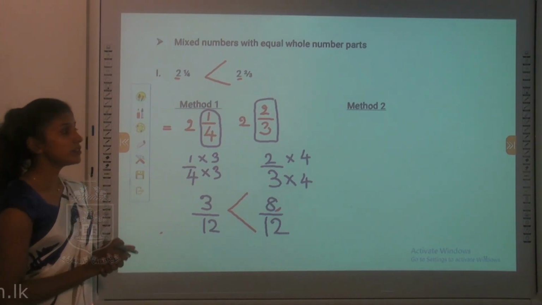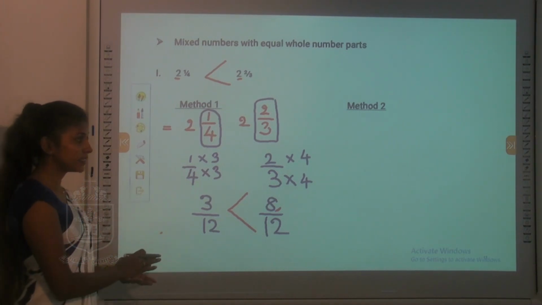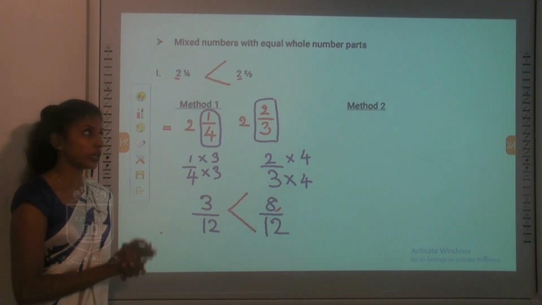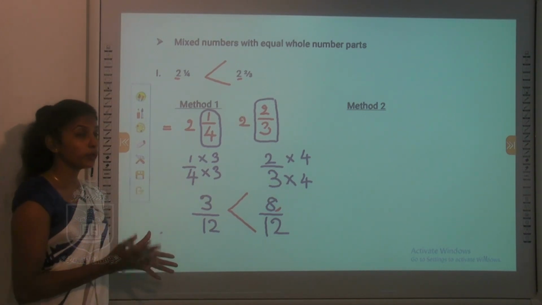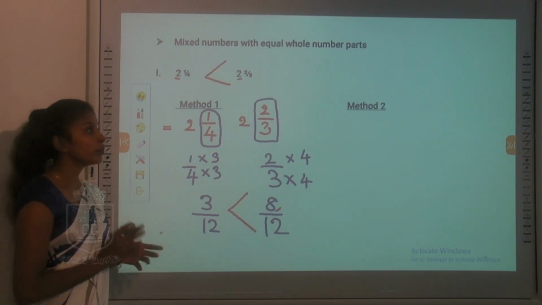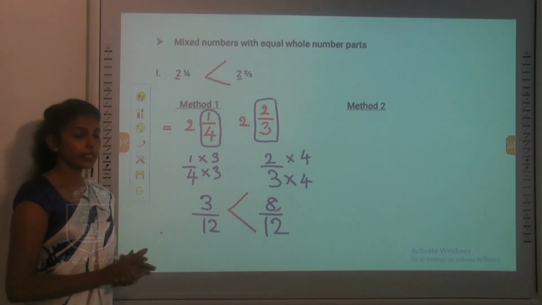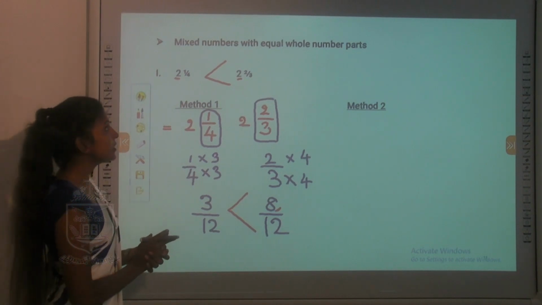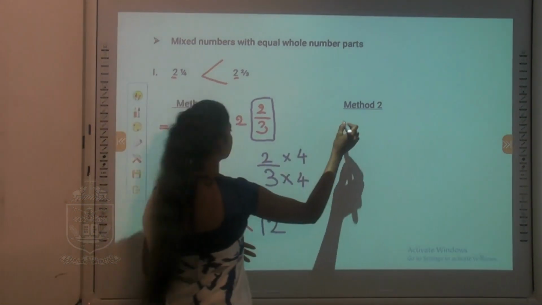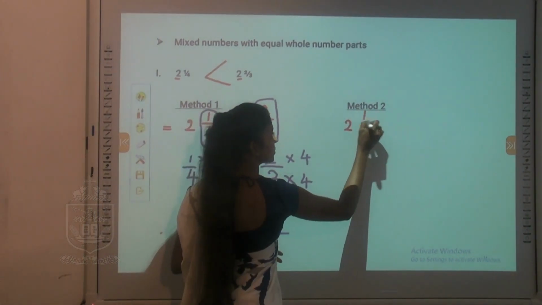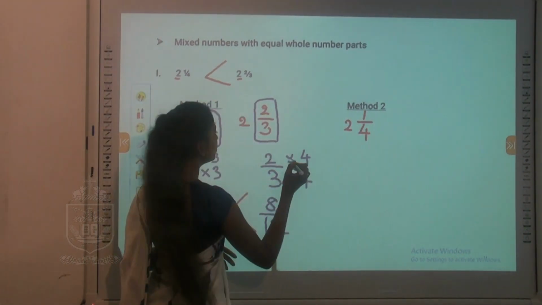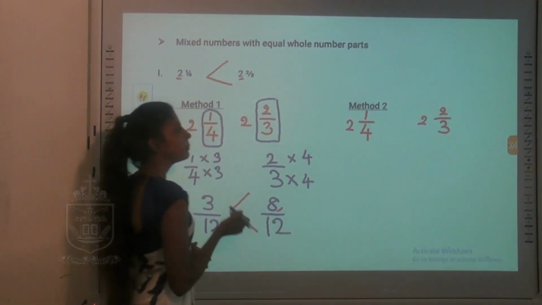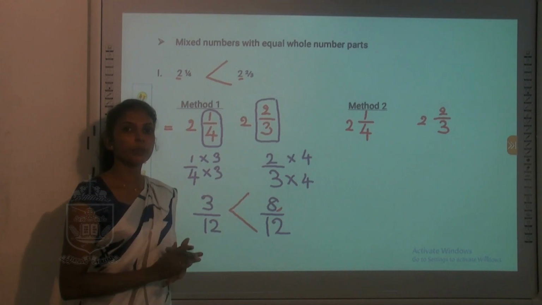Now we are moving to the second method. Now this is the first method. You all can do the calculations in the easiest method. You can look at both methods, but you have to decide which method you are going to use for the calculations. Okay, second method. When you are doing the second method, you are going to convert the mixed numbers, 2 and 1 over 4 and 2 and 2 over 3, into improper fractions.